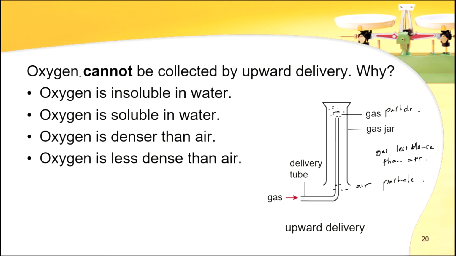But we cannot use this for oxygen, which means that the oxygen particles are denser than the air. We cannot use upward delivery because upward delivery is only for gas particles that are less dense than the air. So oxygen is denser than air. That's why we cannot use upward delivery to collect oxygen gas.